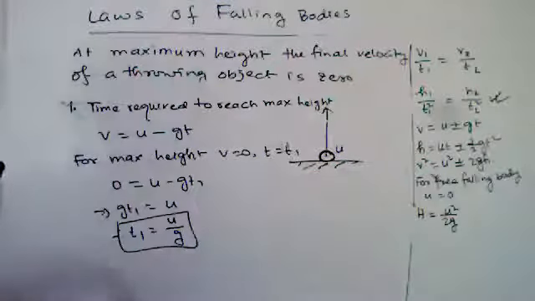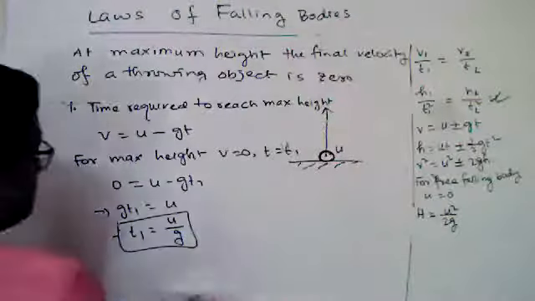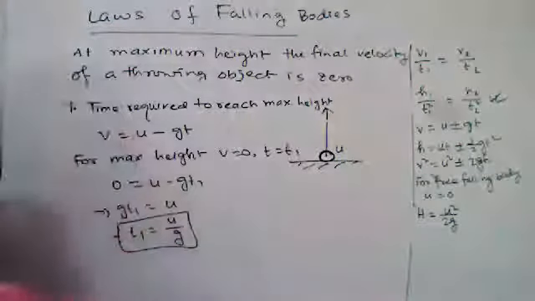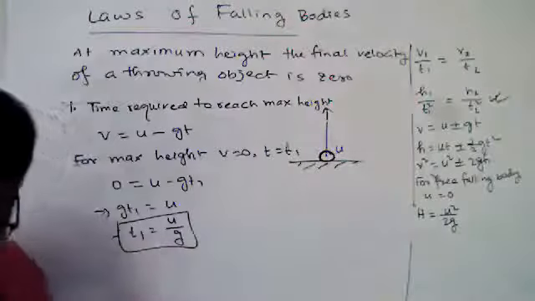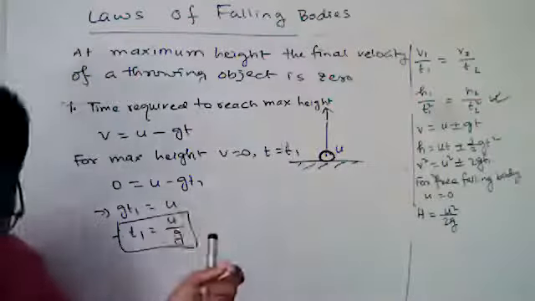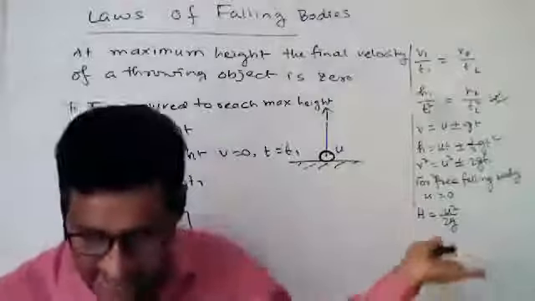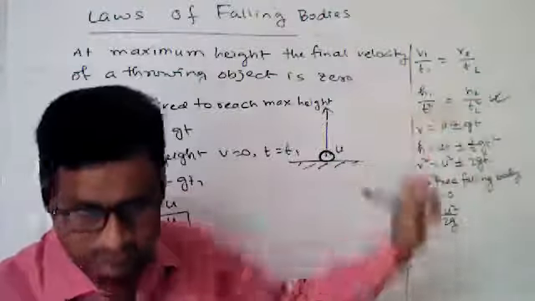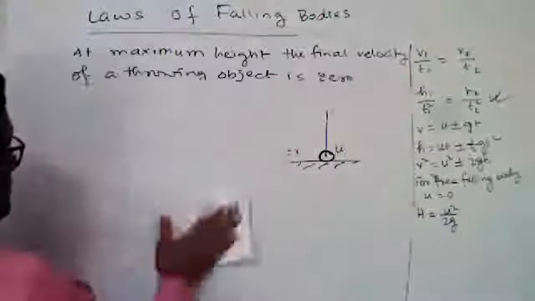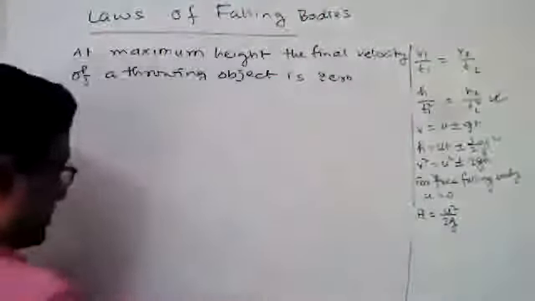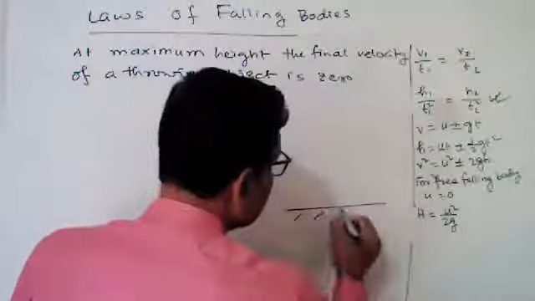Okay. So another question: what time is needed to reach the mean position or initial position? That means from where you throw the object, it returns here. Suppose this is the ground.